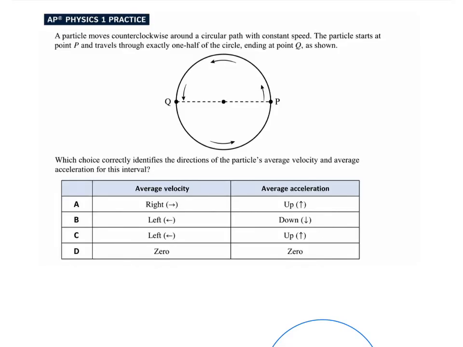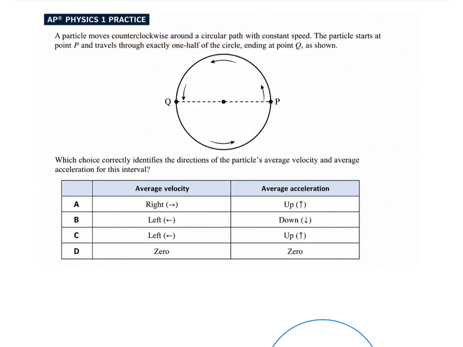In this question, we will see how we can find direction of average velocity and average acceleration. So let me read this question for you. There is a particle which moves in counterclockwise direction around a circular path.